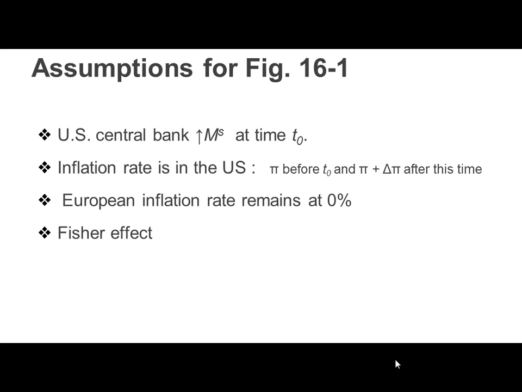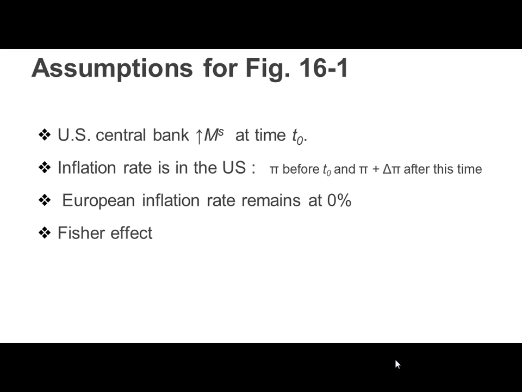Okay, so there are a few assumptions here. The first assumption is that, as I've said, the U.S. central bank increases the money supply, and in the graph this will start at time t0. The inflation rate in the US is pi before time t0, and any time after t0 will increase by delta pi, so the rate is pi plus delta pi.